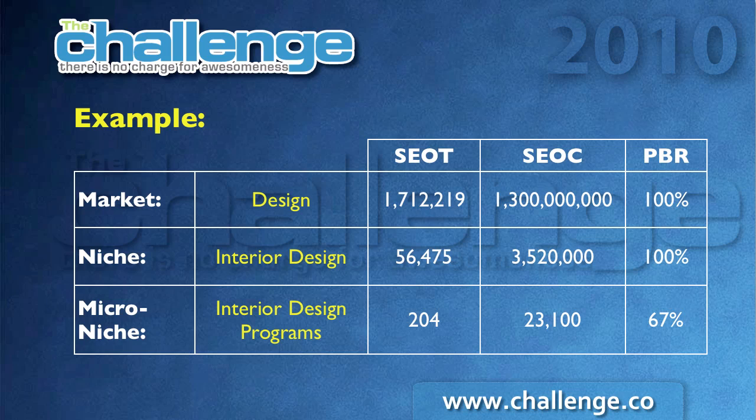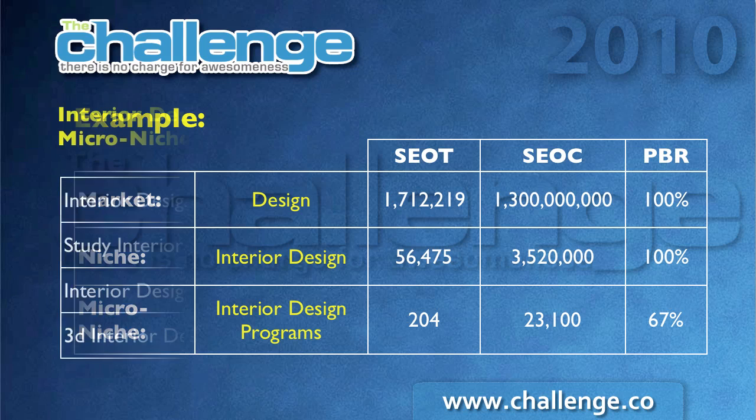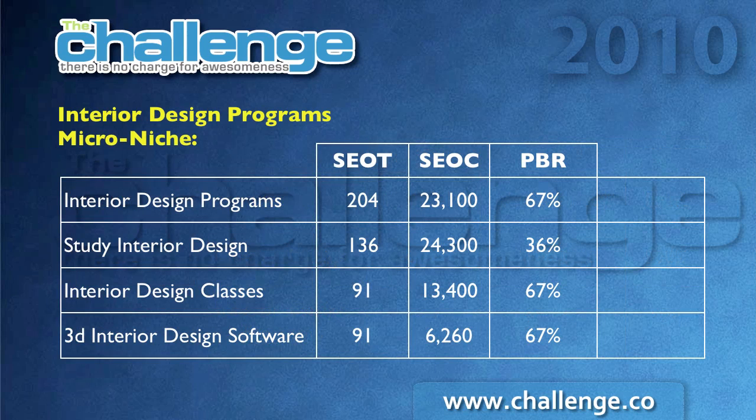Now what is important to do at this stage is to redo a keyword analysis based on this candidate micro niche keyword. So I start a new keyword analysis for interior design programs to see what specific keywords Market Samurai will throw up that are also relevant to that key phrase. And I did that.